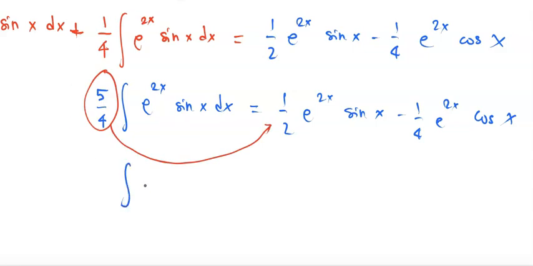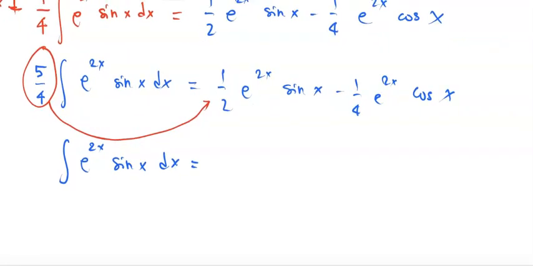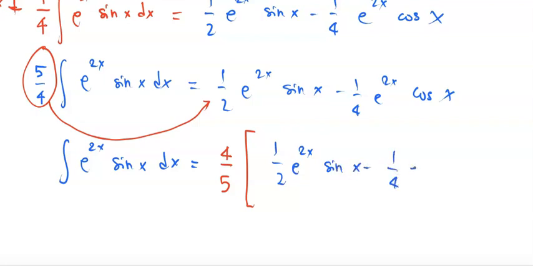So our integration of e to x sin x dx is, when you bring 5 over 4 to the right, 4 over 5 in front, multiplied with the whole function: 1 over 2 e to x sin x minus 1 over 4 e to x cos x.